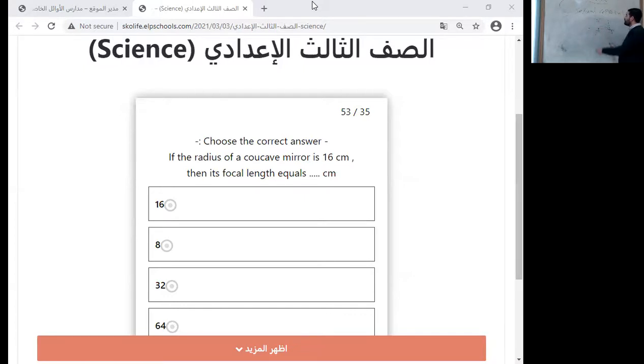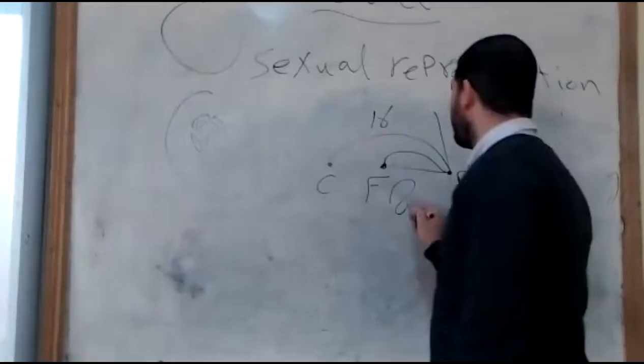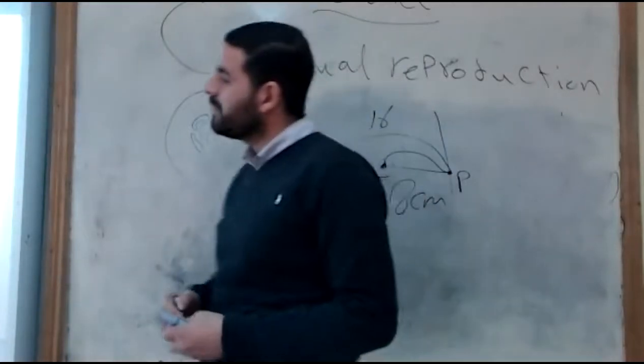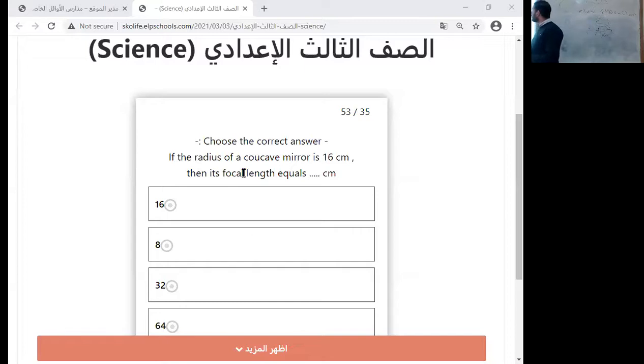So the focal length will be equal to half this distance, which is the radius. So it will equal 8 centimeters. If the radius of the concave mirror is 16 centimeters, the answer will be 8.